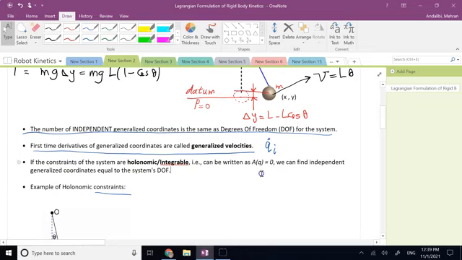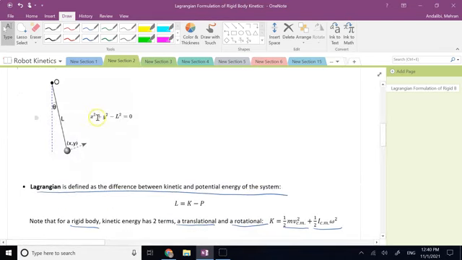Could be linear too, but in general nonlinear. So again, the constraints are only written among the generalized coordinates. There is no generalized velocity. There is no q dot between them. So you clearly see here it is written between x and y. There is no x dot or y dot term.